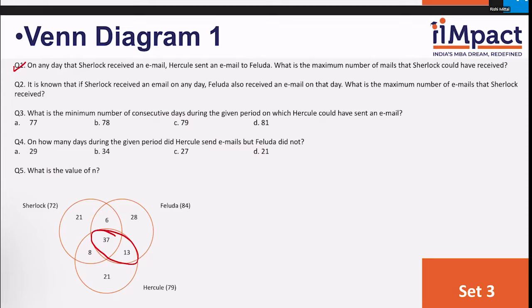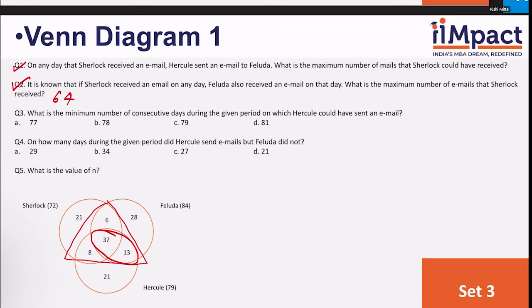It could be possible that Sherlock is sending to Feluda, but Hercule is sending to Sherlock. So we know minimum two emails are being sent, and we know maximum three emails are being sent, but we don't know which one. So very simply, all I need to do in this question is to add all the values where minimum two emails are being sent. And that is 64. And that's it. That is my answer. I hope very straightforward. Yes.